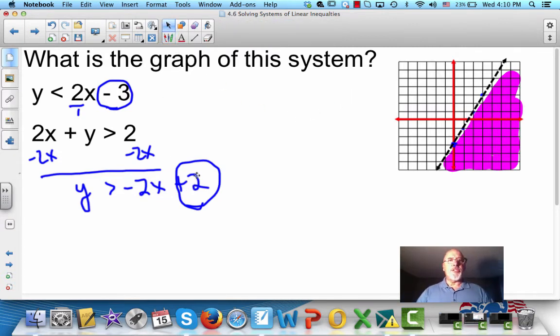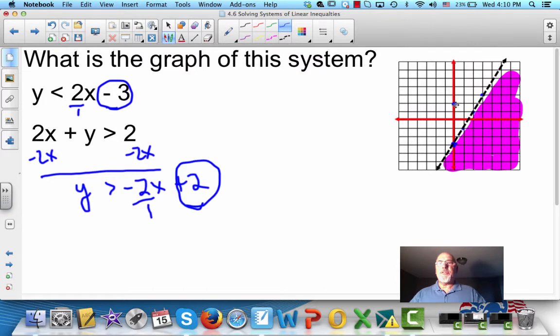The y-intercept is 2. So we'll come over here and we'll put a mark at 2. The slope is negative 2 over 1. So that means we go down 2 and right 1, down 2 and right 1, down 2 and right 1, and down 2 and right 1.